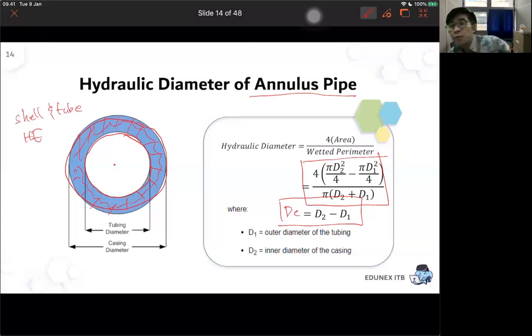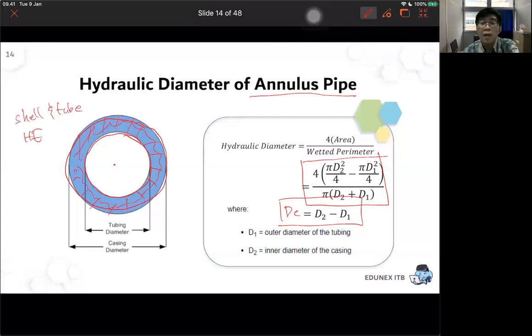So you need to be careful about the phenomena of this liquid that is flowing in the pipe. You need to determine how full the liquid is filling the pipe, and then you need to calculate the area.